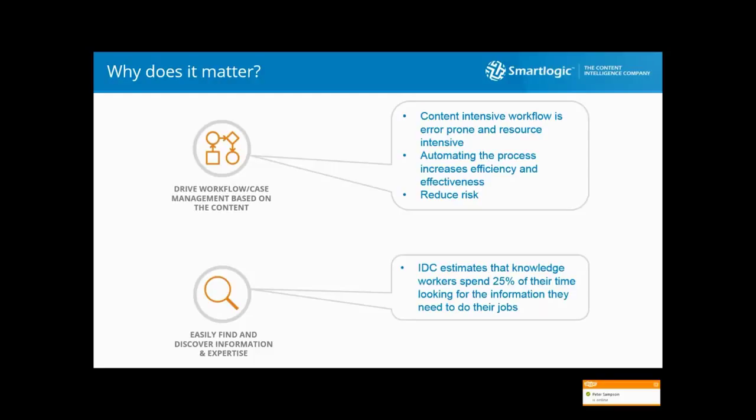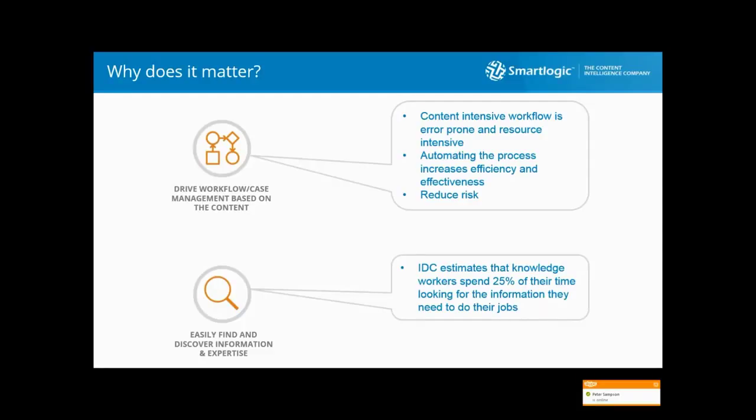They were able to reduce that effort by over 50% by using an automated process to increase their efficiency and reduce their risk. You can easily find and discover information and expertise.